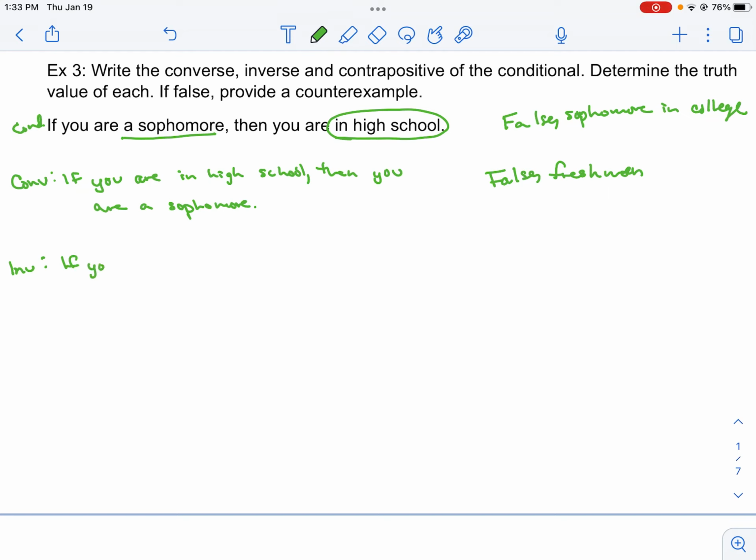Inverse: if you are not a sophomore, then you are not in high school. False, freshman.